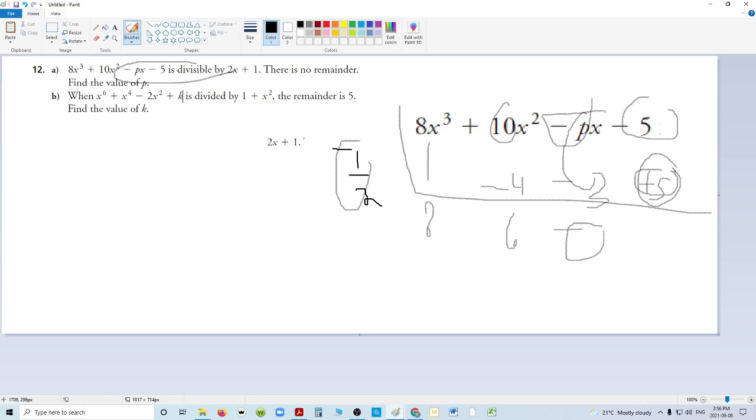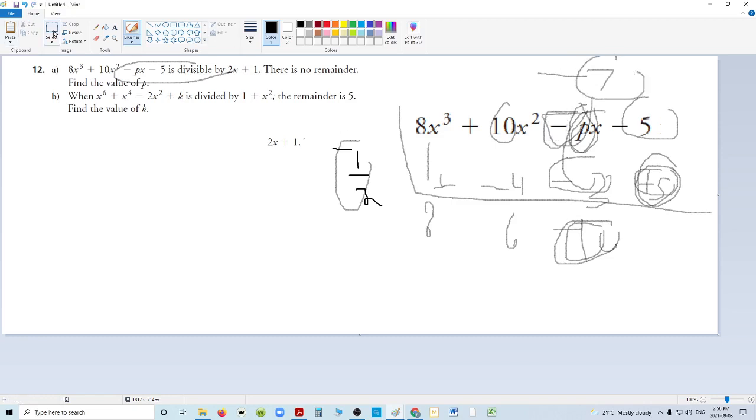It's got to be negative 10. Since I have to add p to minus 3 to equal minus 10, this p must be negative 7, okay? And the negative's already there. So that p must be 7.